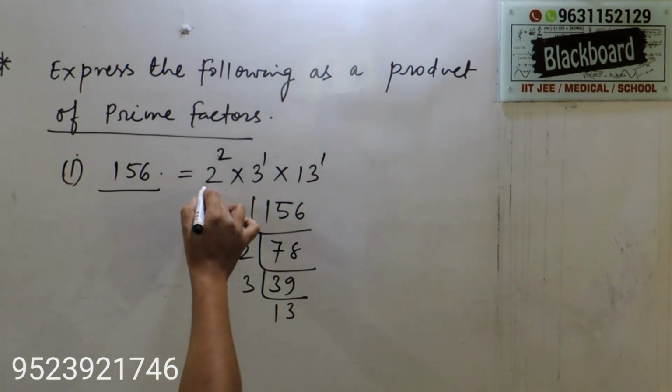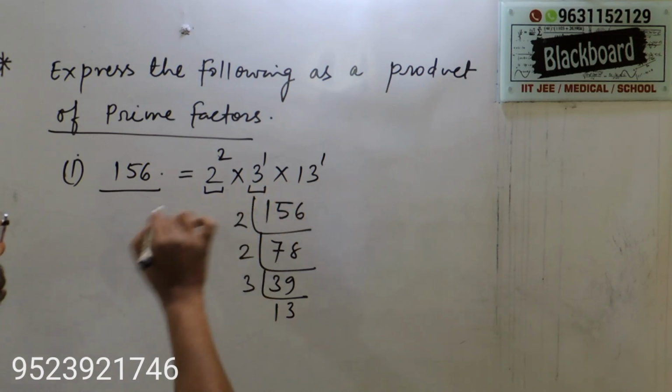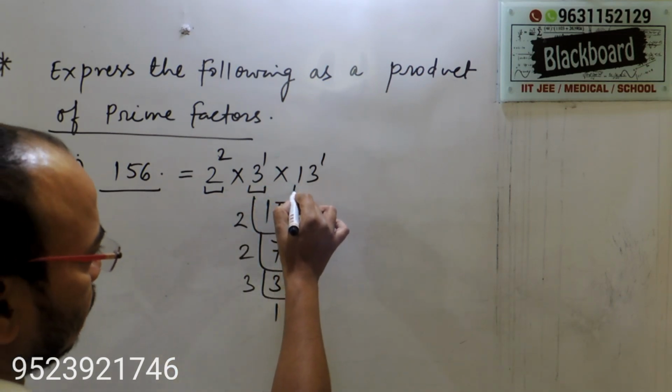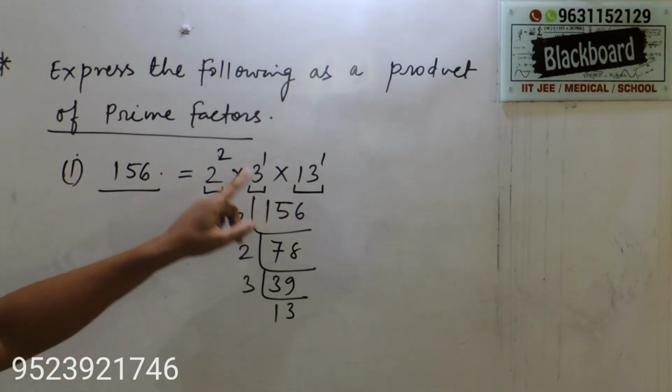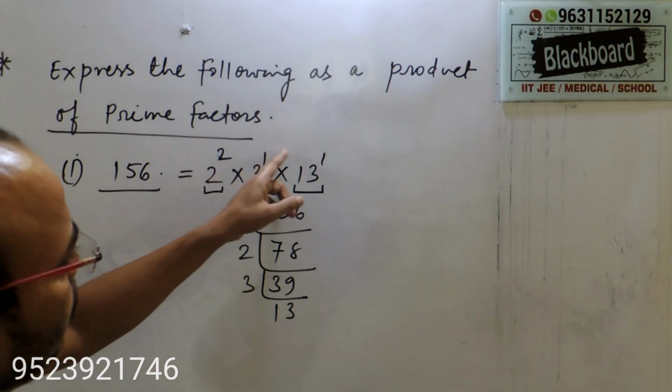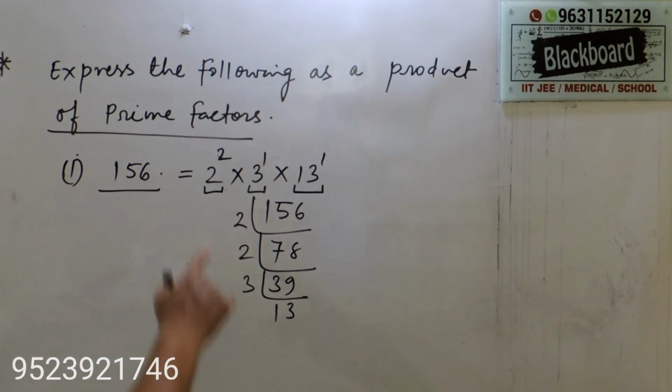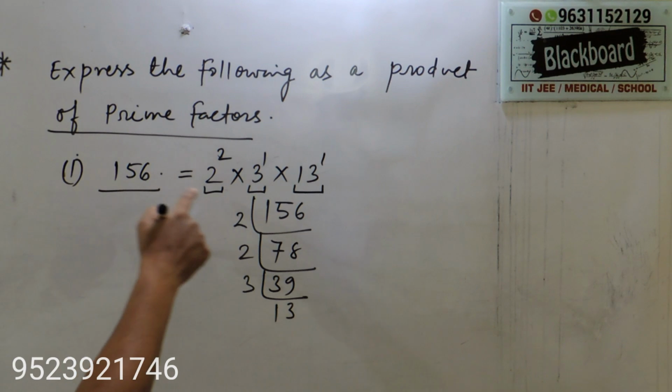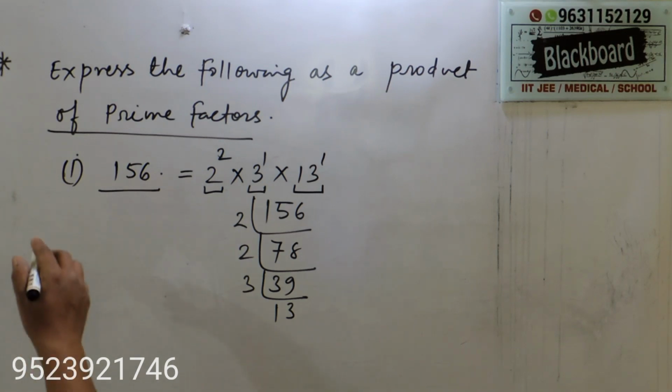That means this base should be prime number. See this is 2, 3 and 13. This is prime number and these are powers 2, 1, 1. The power can be anything but the base should be prime number. We broke 156 into prime factors, as a product of prime factors.